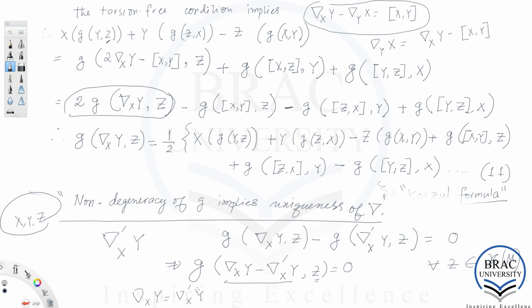Since x and y are arbitrary vector fields, these two connections should be the same. Okay? This proves the uniqueness of the torsion-free connection that exists on the manifold. Okay, this is how we prove the uniqueness of the Levi-Civita connection. If it exists, we are yet to prove that it exists.